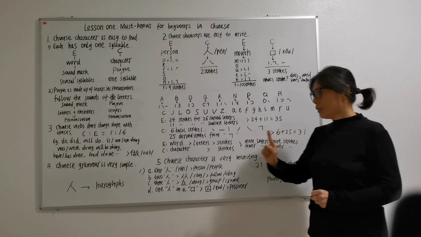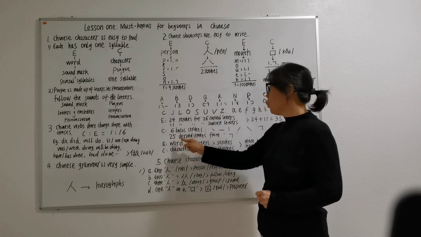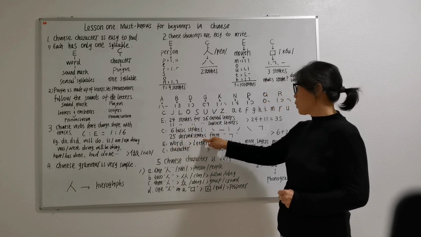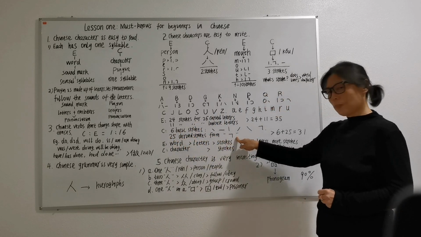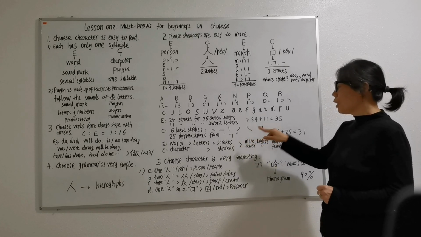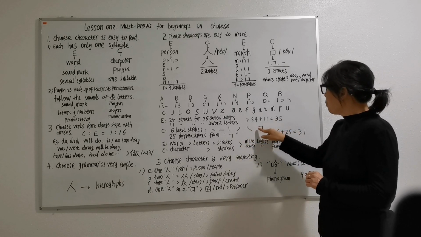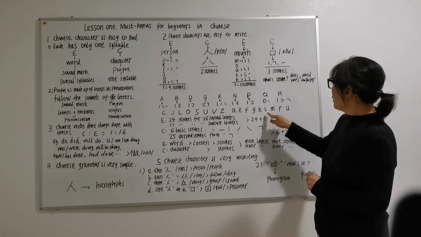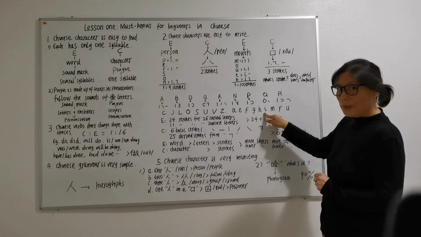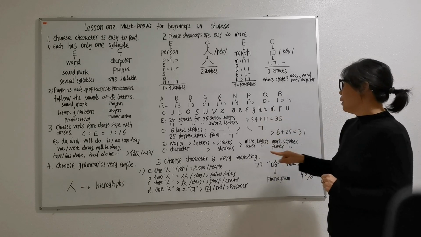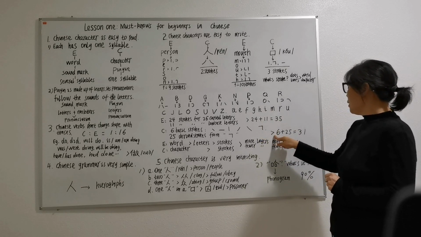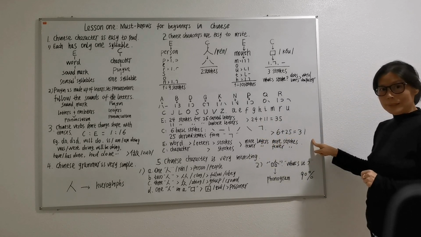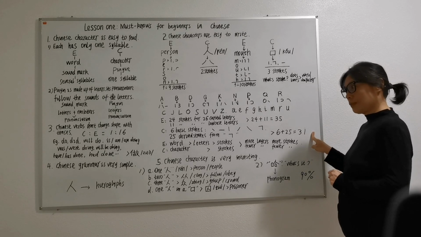And we have 25 derived strokes from double. It's a little deformation of this double. Like this one is a double. Together it is 31 strokes.